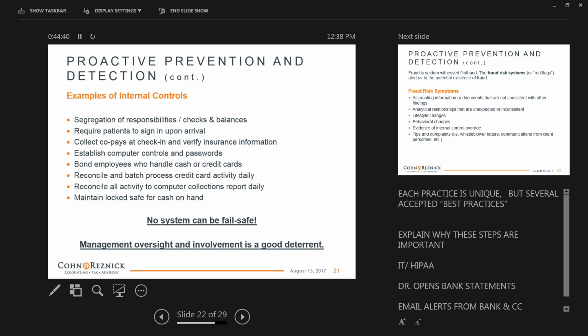So every system is different, every practice is different. Find the right practices and procedures that are as appropriate as you can make them for your practice. Keep your eyes wide open and, like Vinny said earlier, employ a healthy skepticism to everything around you.